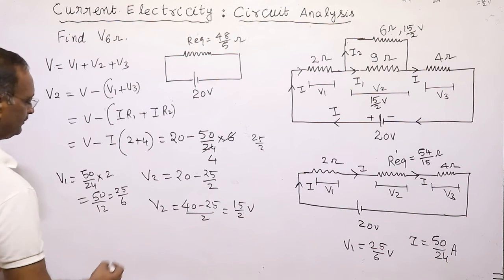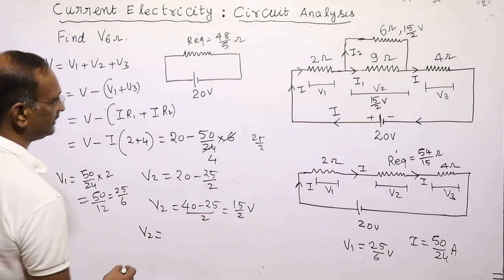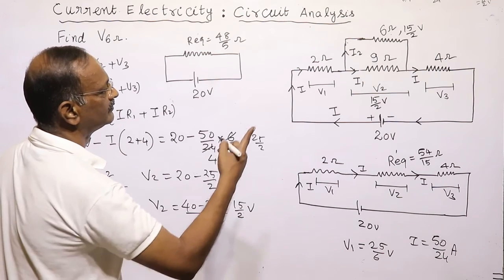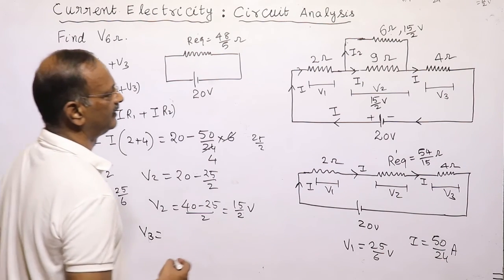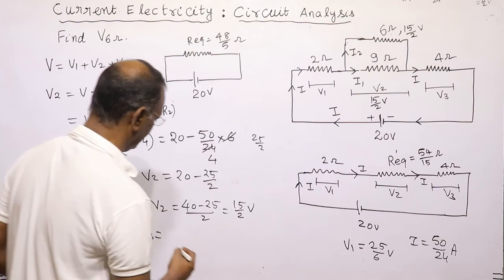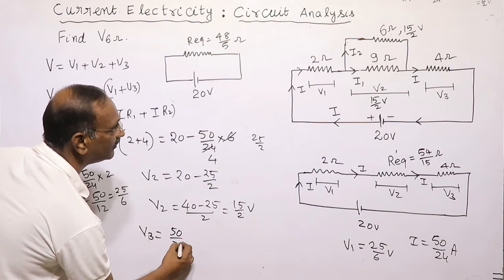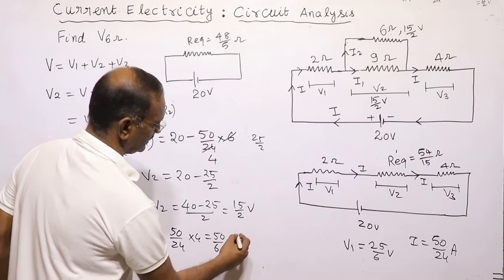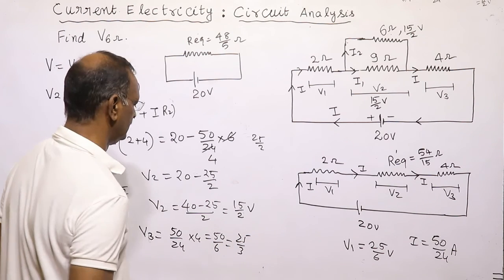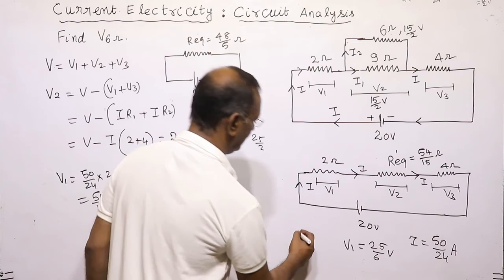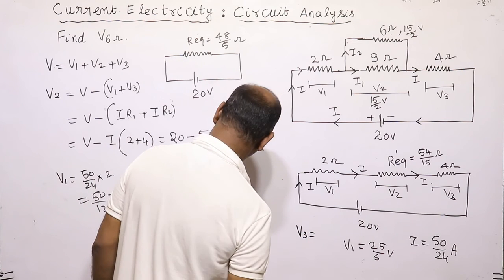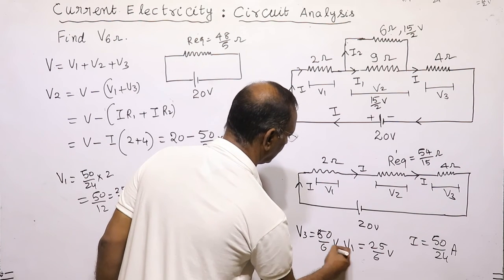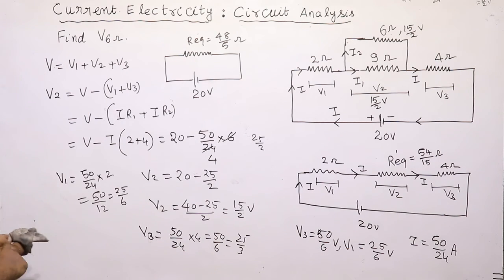And what about V3? V3 is equal to current through it, I, which is 50 by 24, into 4, equal to 50 by 6. We can write V3 is equal to 50 by 6 volt.